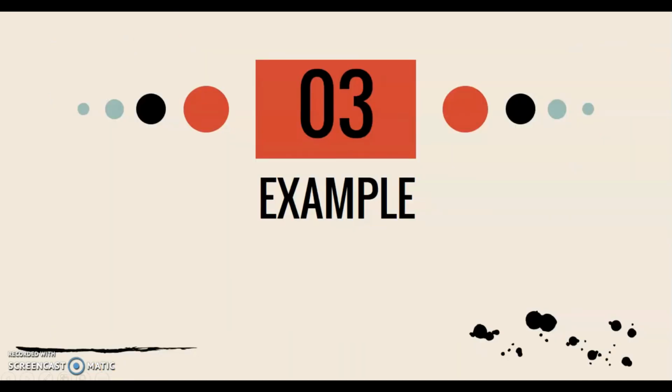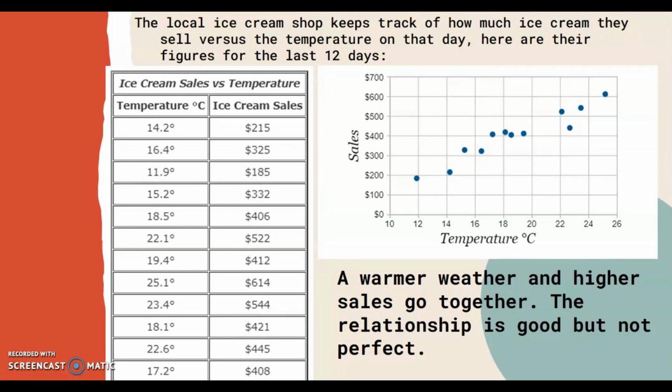So we have here an example. The local ice cream shop keeps track of how much ice cream they sell versus the temperature on that day. Here are their figures for the last 12 days. As we can see here in our sales, it is a positive, high correlation.